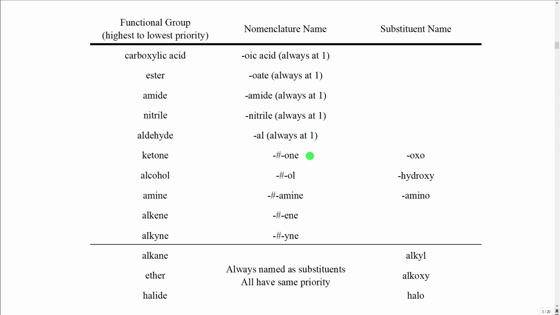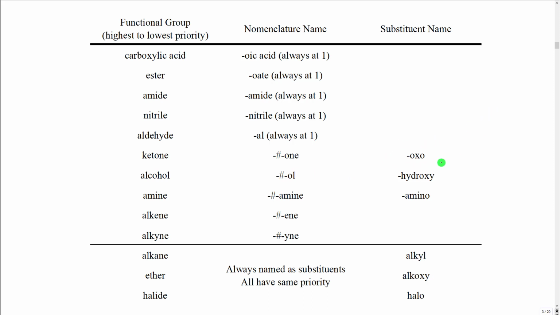In contrast, if we look at ketone, we append the suffix one to the end of the name, but ketones, being in the middle of a chain, could be at one of several carbons for very long carbon chains. So we would have to add the number where the actual carbonyl carbon was located in the chain.